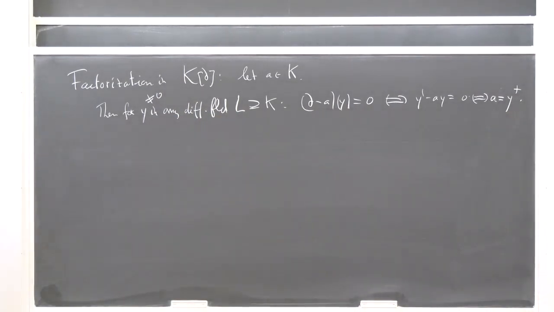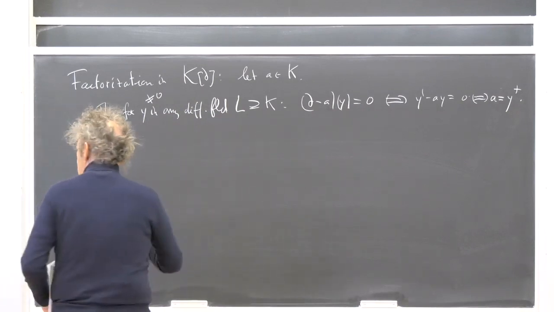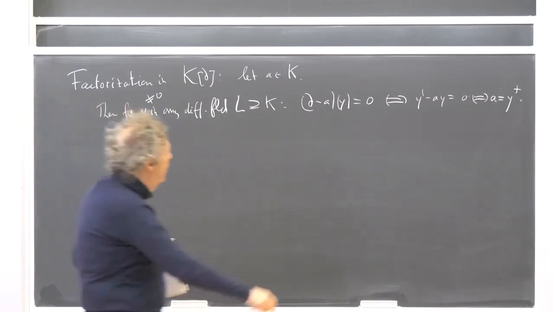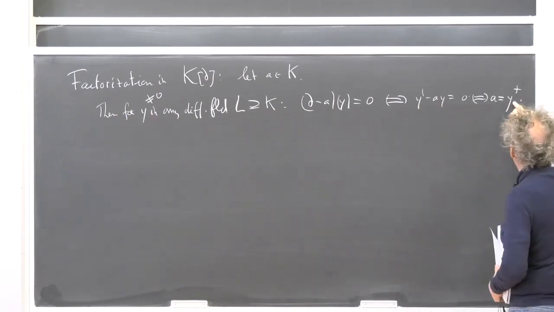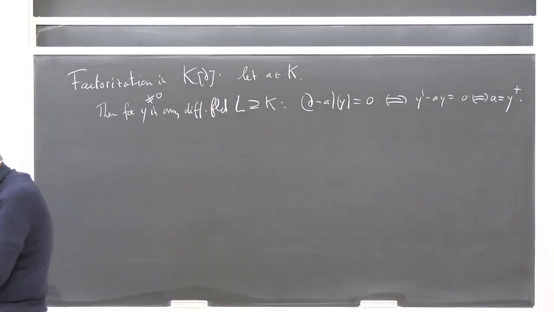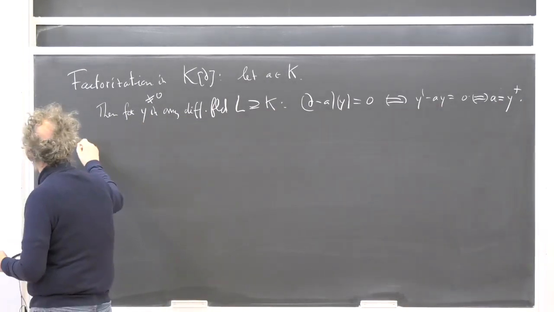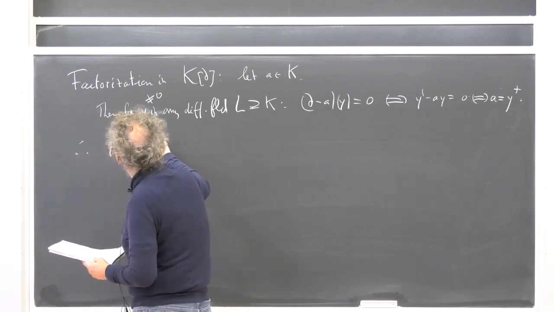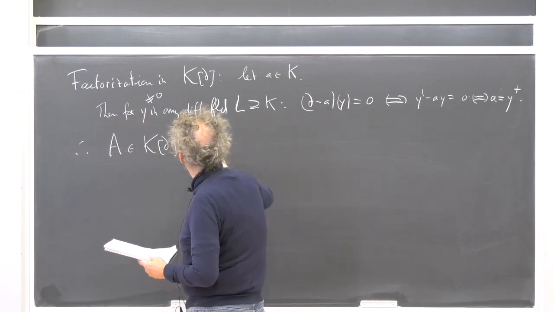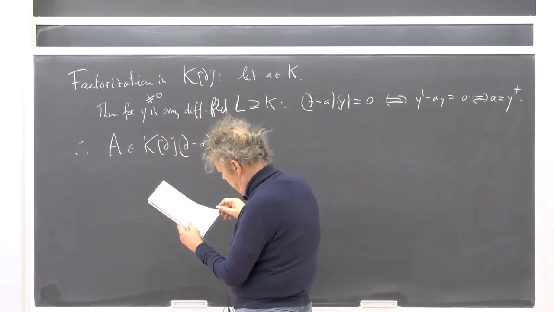So it's a bit more complicated than for ordinary polynomials, where a linear polynomial x minus A vanishing at y is simply equivalent to y equals A. But here it's y dagger equals A instead. And so, what does it mean for an operator to be a left multiple of delta minus A?